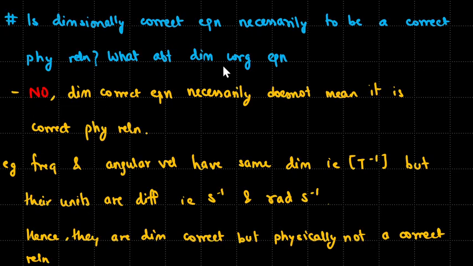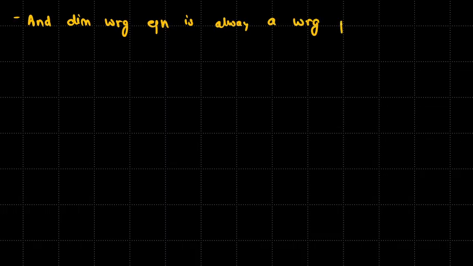Now let's continue with the second part, which is what about a dimensionally wrong equation. For the second part we can write: a dimensionally wrong equation is always a wrong physical relation.